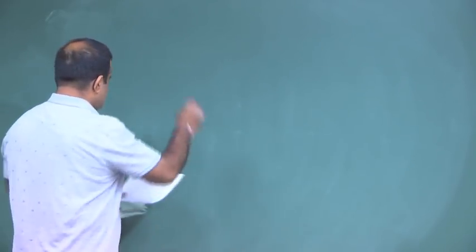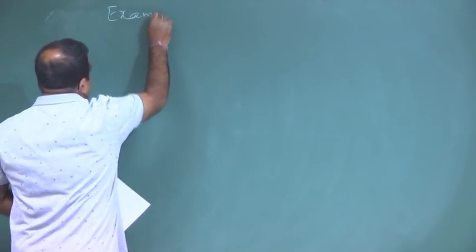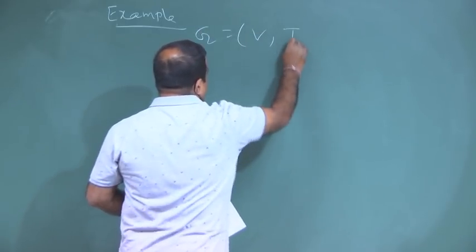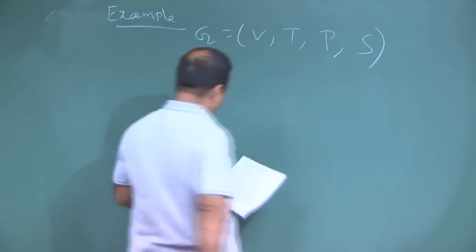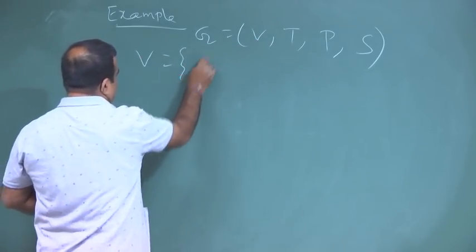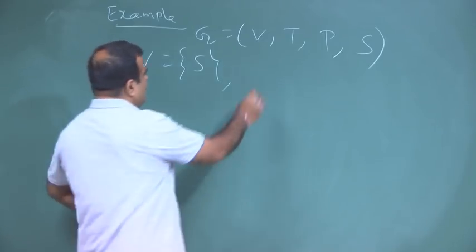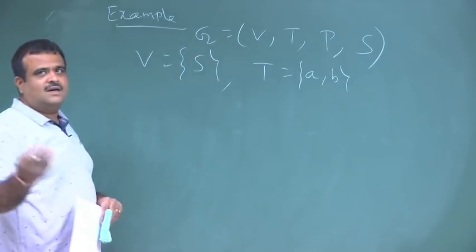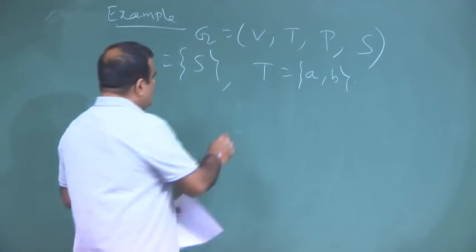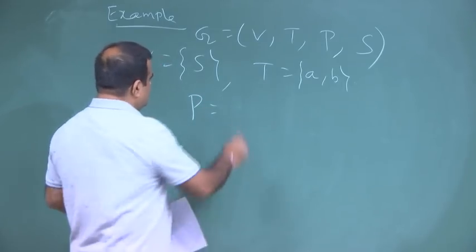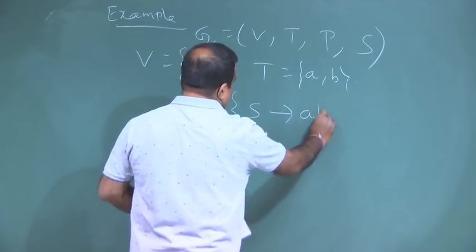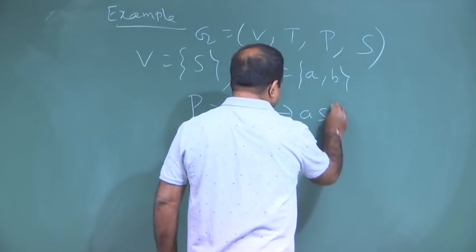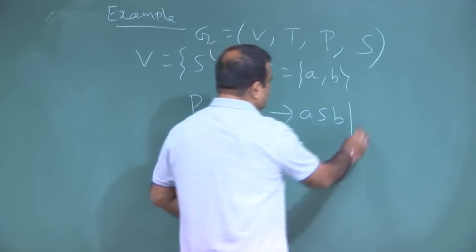Suppose we define this V, T, P, S, where V is only one symbol S, and T is terminals, which consists of a, b, just the input alphabet which you have seen, and P consists of the rules: S goes to aSb or S goes to ab.